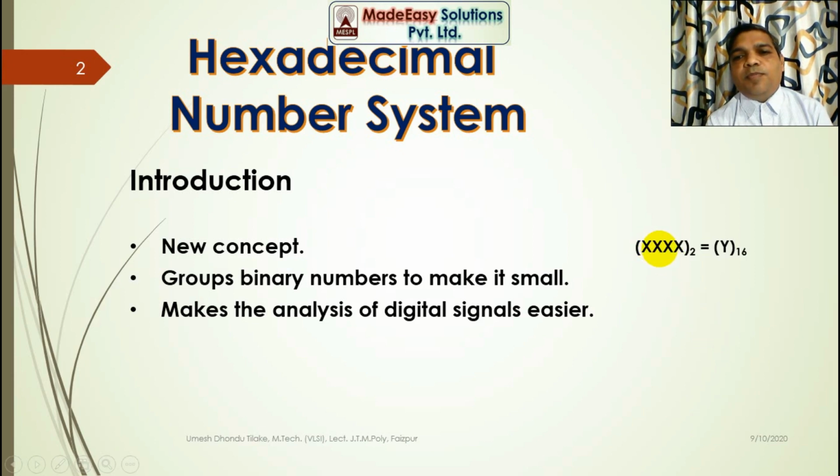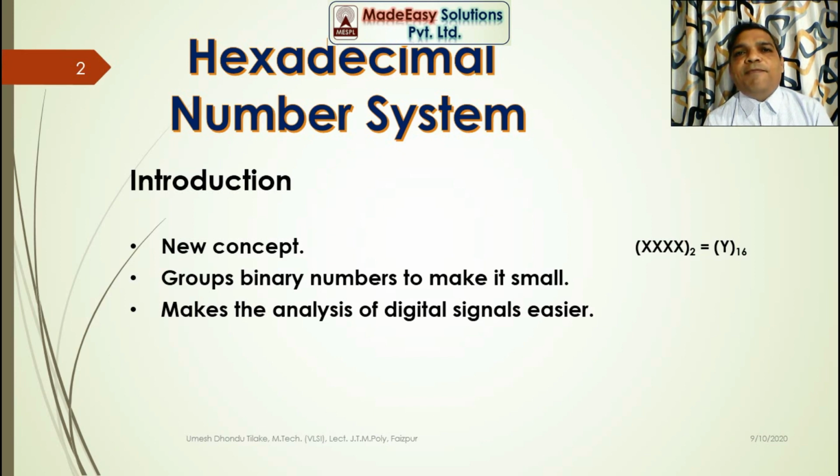Now here a binary number written using 4 sets is nothing but equivalent to 1 digit of a hexadecimal number system. Why? Because when we take 4 sets in binary number system, the numbers we can write is equal to 2 power 4, that is equal to 16, and in hexadecimal number system the base is 16. So if I consider only one set, I can write 16 power 1 is equal to 16 numbers.